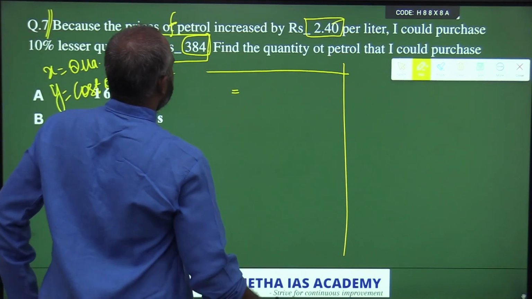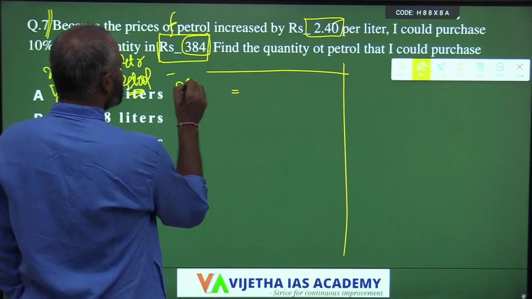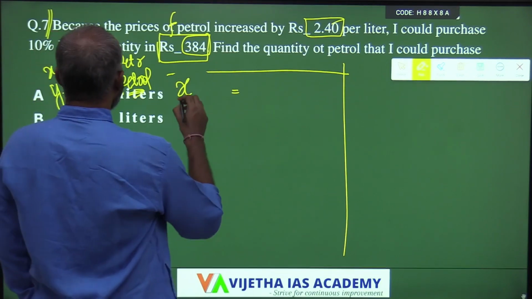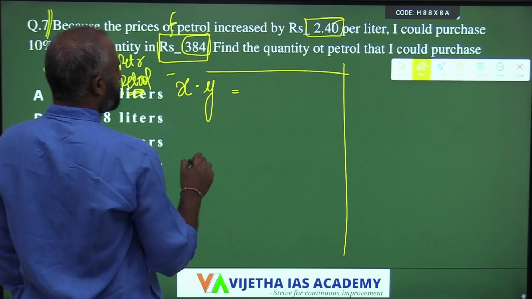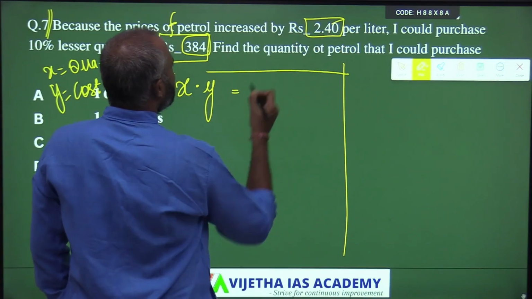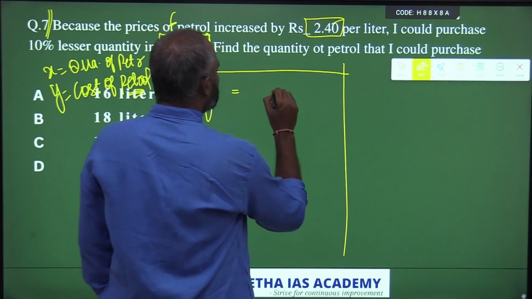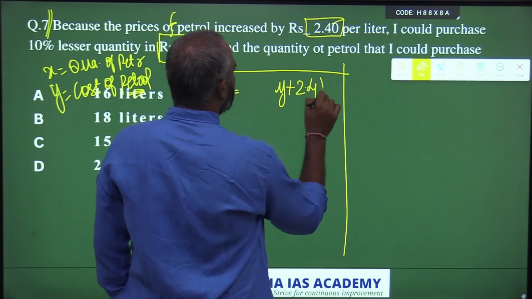In the old case, the quantity of petrol consumed is X and the cost of petrol is Y. The expenditure is equal to, even after the price increased by 2.40 per liter, that means the price has become Y plus 2.4 rupees per liter.